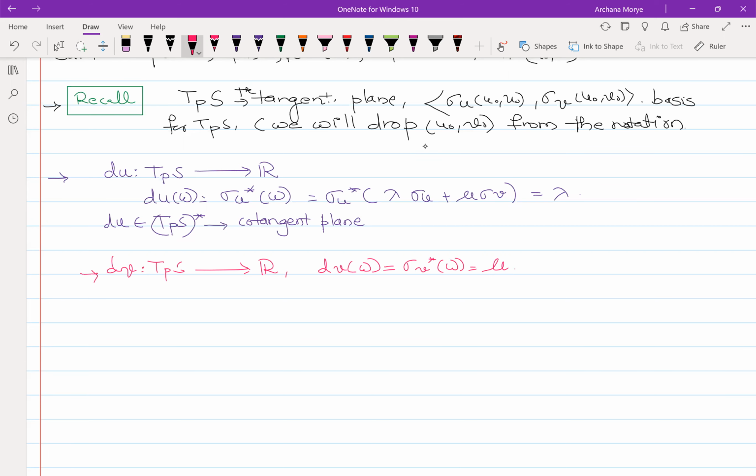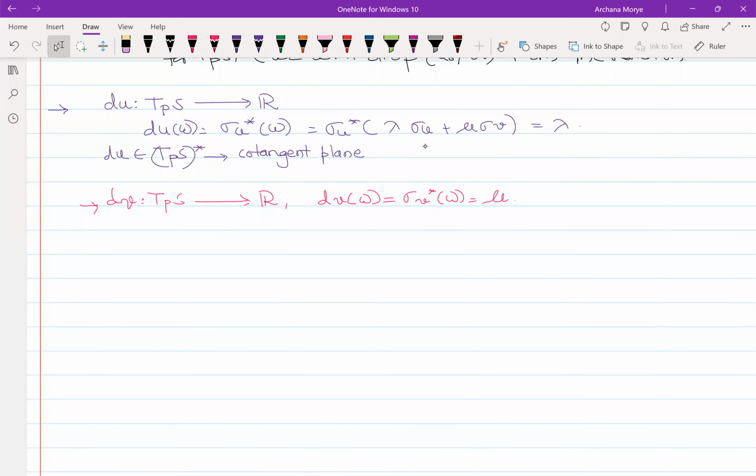So these two functionals which we have just defined, now what we want to do is put an inner product on TpS. So suppose W belongs to this TpS, where this is the tangent space.